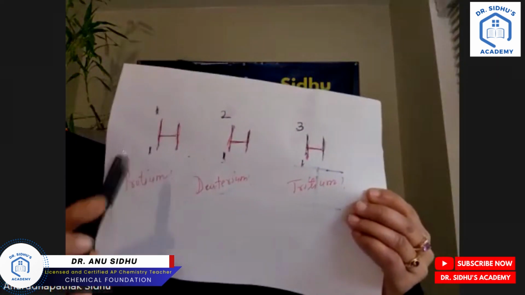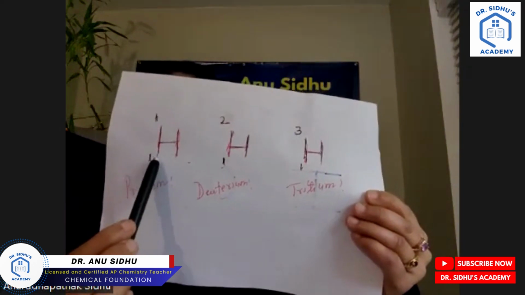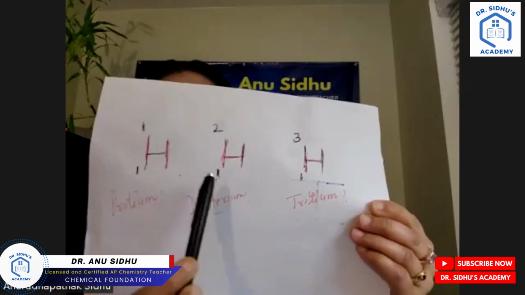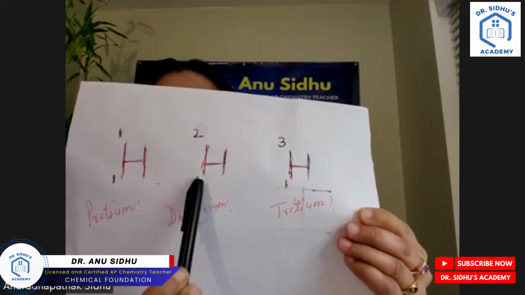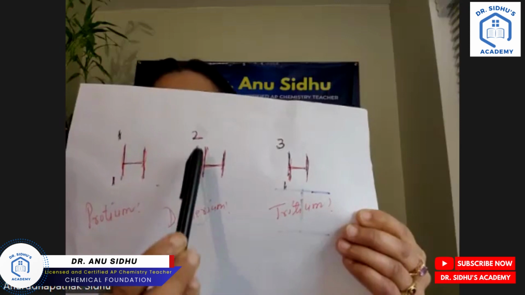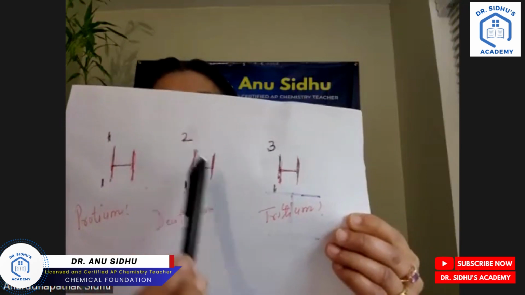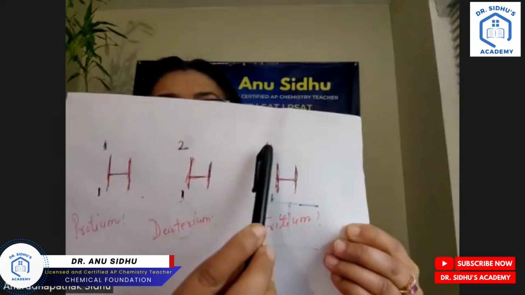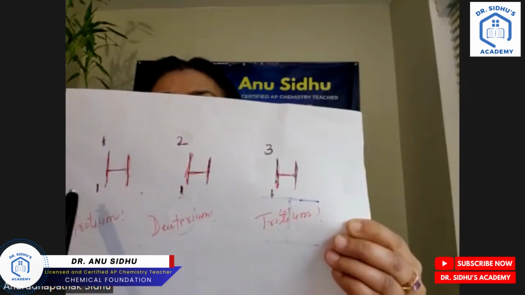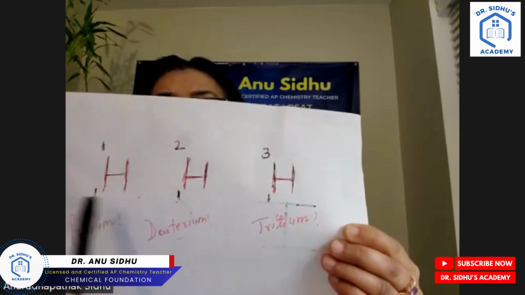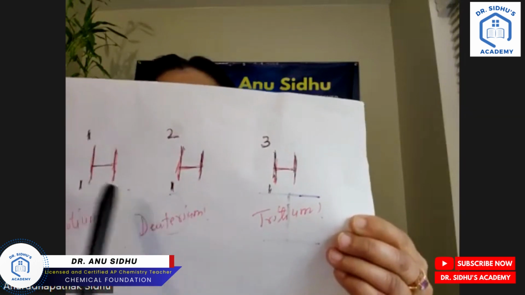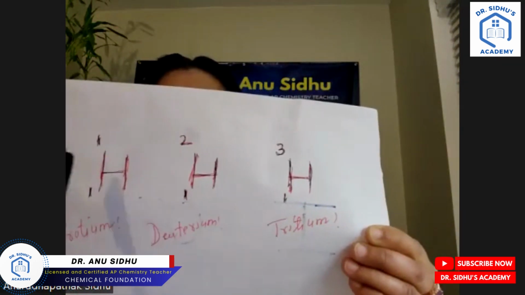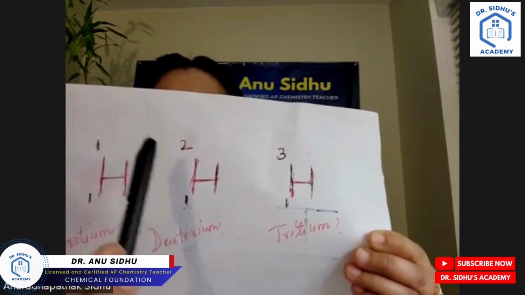You see that we have protium with the atomic number as a subscript and the mass number as a superscript. Then deuterium, and then tritium, in the same way. All these 3 are isotopes of the element hydrogen. They have the same atomic number, 1, 1, and 1, but they differ in the mass number, 1, 2, and 3.